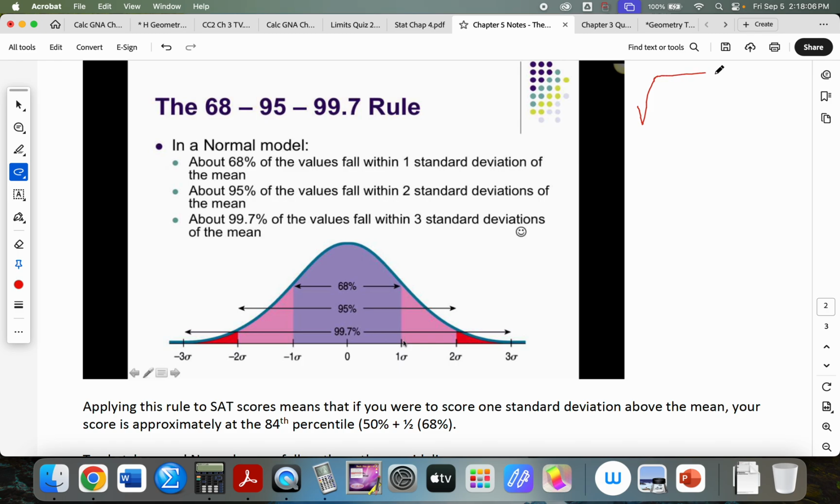I said plus, sorry, it's minus 1. It's the square root of the sum of all of the individual data points minus the mean, squared, all over n minus 1. That's how standard deviation is calculated.